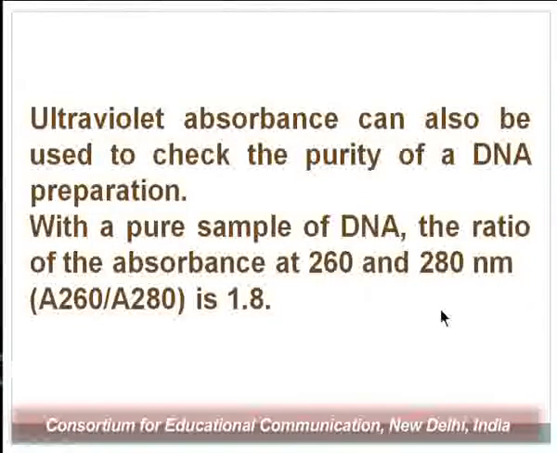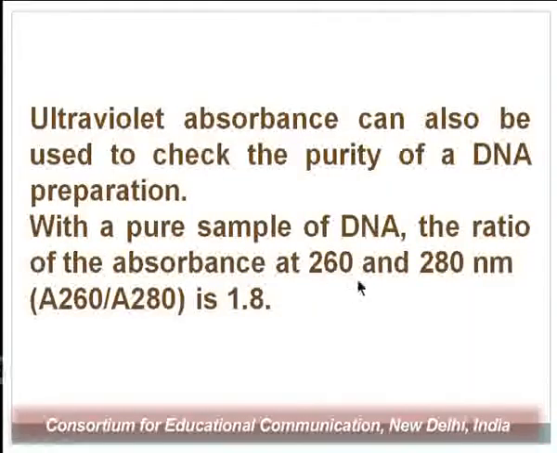Apart from telling the concentration of DNA, UV spectrophotometry can also be used to check the purity of a DNA preparation. During the isolation and preparation of total DNA, we employed steps to purify the DNA and remove proteins and RNA, but there can still be the possibility that these molecules are present.